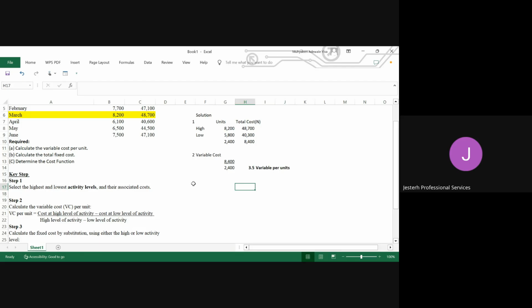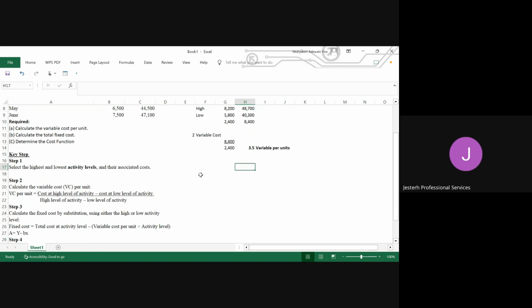Now let's move to the third step, which is to ascertain our fixed cost. Step 3, fixed cost.